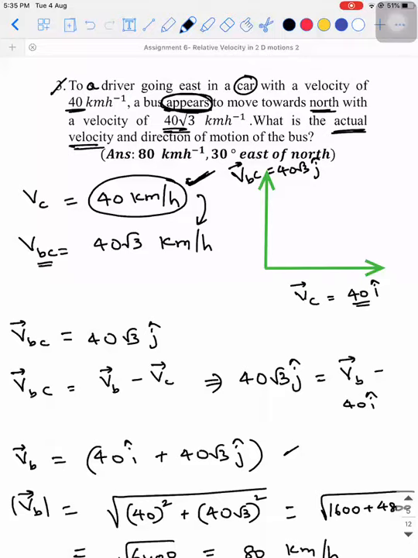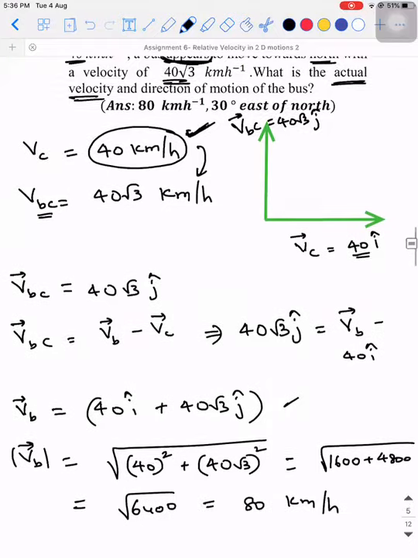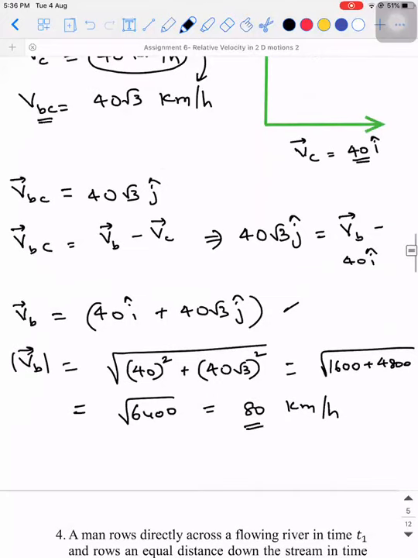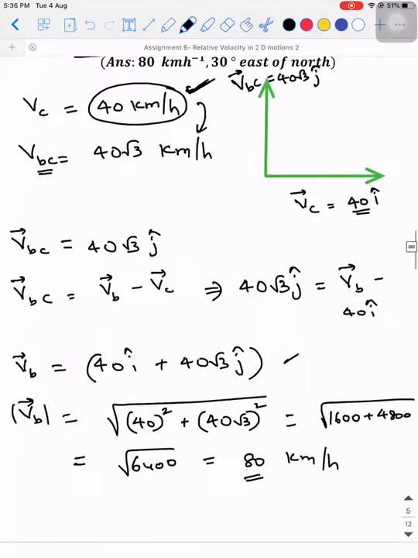They use some sensor, no? Assume in the same way, he is using some sensor. He is able to feel that the velocity of the bus is 40 root 3. Are you able to understand? Okay, that's what happens. So it is 80 kilometer per hour.